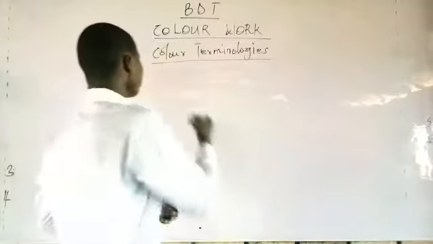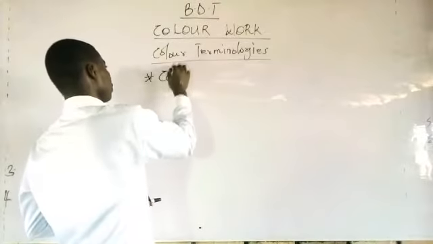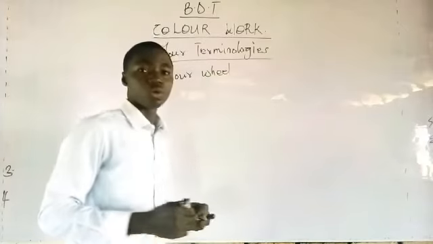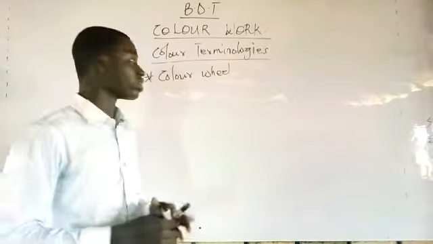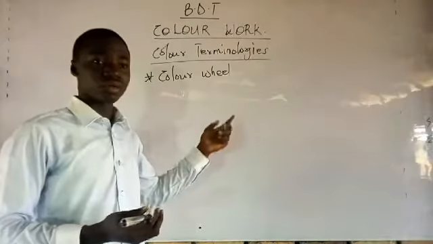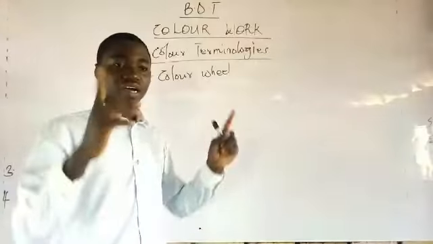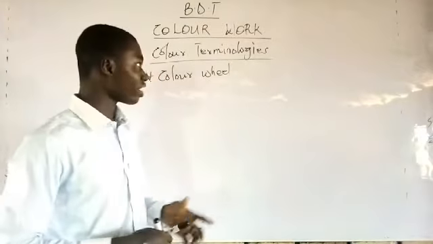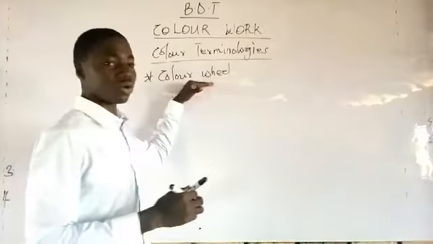We have some terminologies in color that we have to look at. The first one that we're going to consider is the color wheel. When you say color wheel, what is meant by color wheel? The arrangement of colors in a circular form, showing how they are related, is what is meant by color wheel.